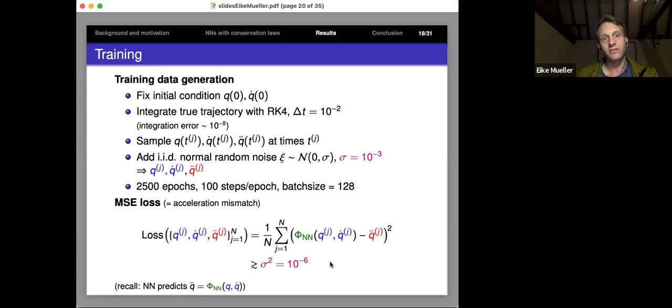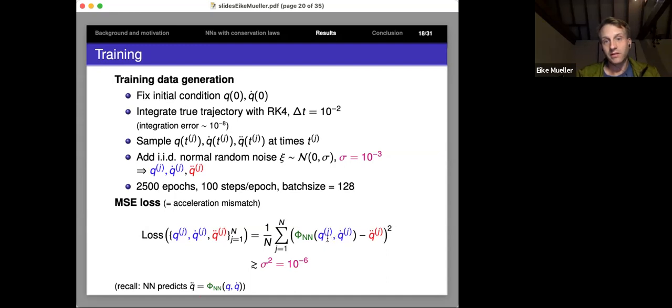And I train the networks over 250 epochs with 100 steps per epoch and a batch size of 128. So that's just what I did. And I'll show you a loss function in a minute, but as the loss, I just minimize the mean square error. So I just take the predicted acceleration, which includes the error, and I compare it to the neural network prediction, and the neural network only sees the noisy data.